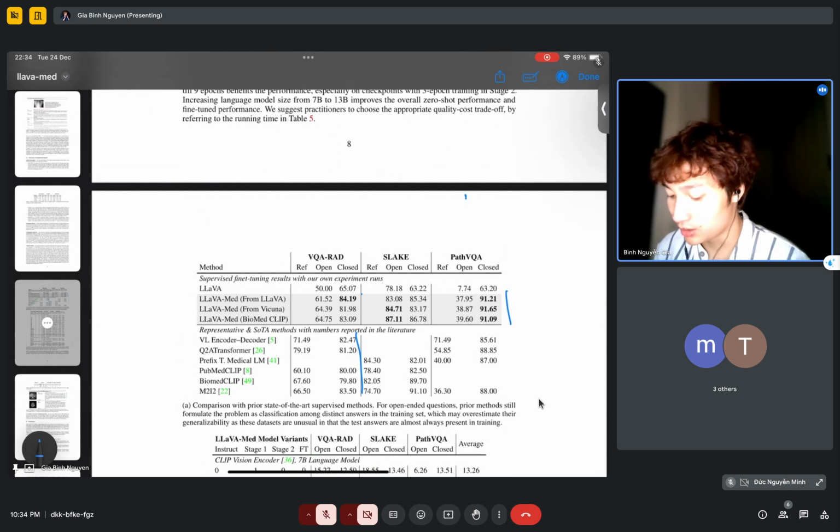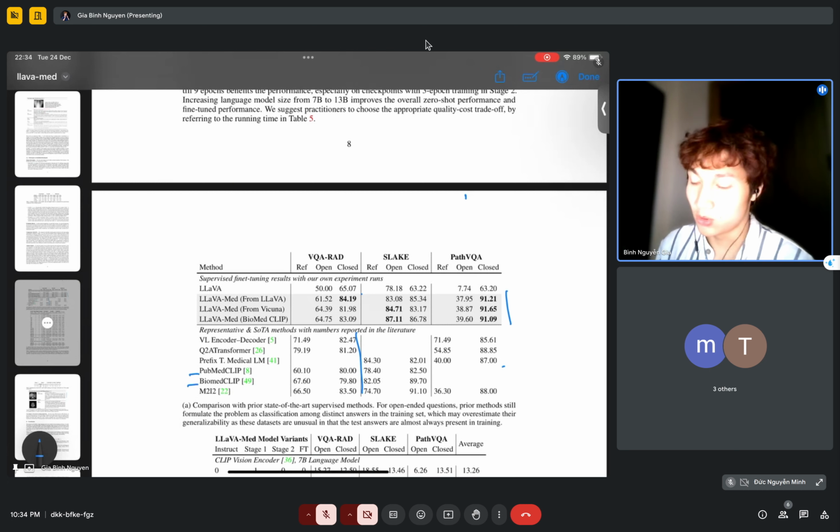But PubMedCLIP or BiomedCLIP, I know, are much smaller, and I know another model with about 200 million parameters, by MedGPT.